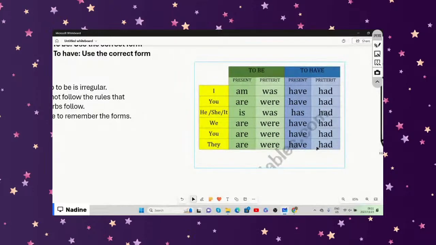If we make mention of the subject he, she, or it, then we say he, she has, like now, in the present tense, and in the past, had. So those are basically words where we can use to be verbs as well as to have verbs.